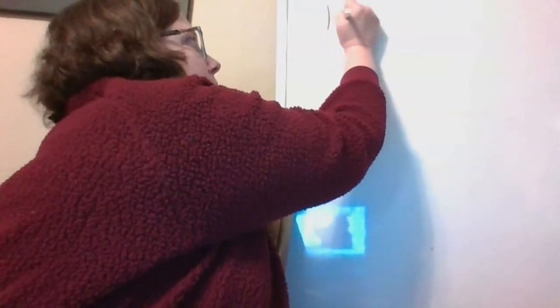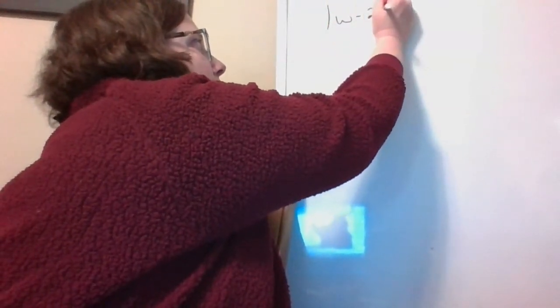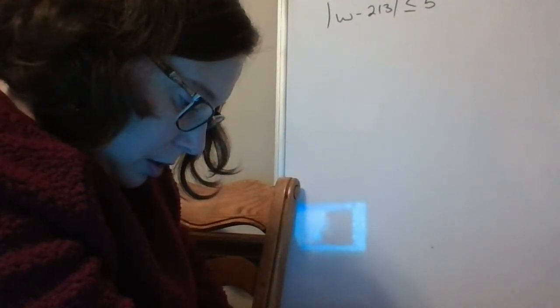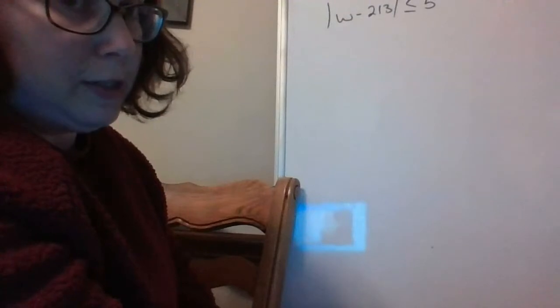It works both ways. So if we say the weight minus 213 in absolute values, and that can be less than or equal to 5, because any box that varies from the weight by more than 5 grams would be sent back.